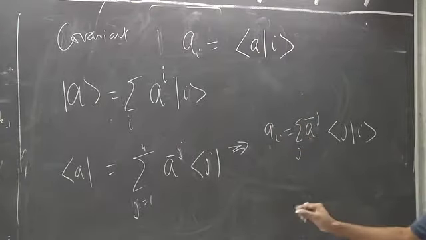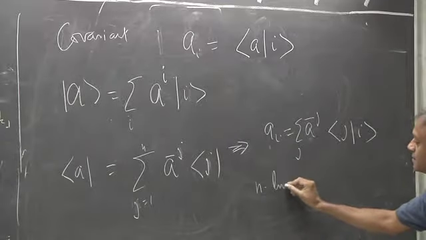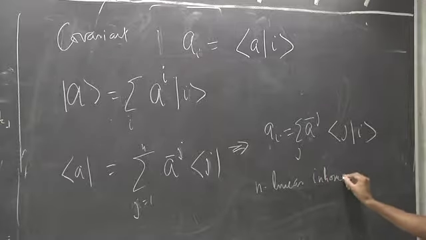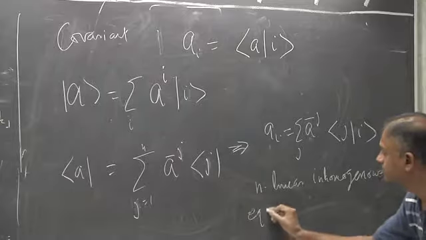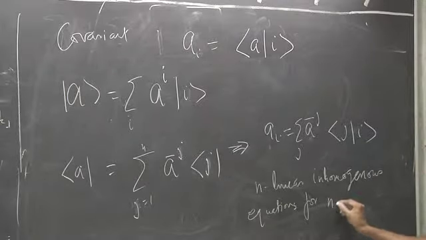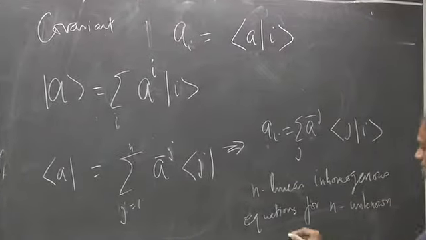So it's n linear inhomogeneous equations for n unknown quantities.